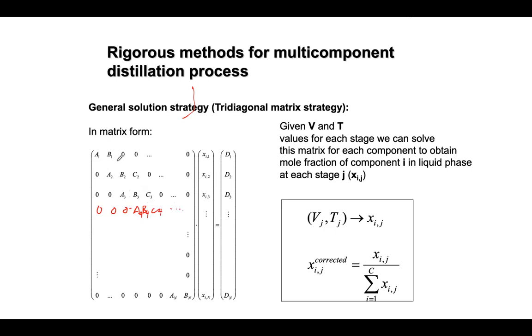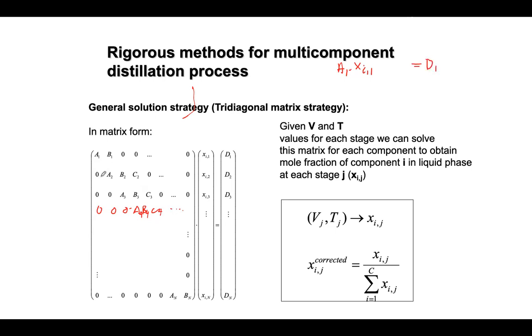So if you want to try to multiply it, you can get an equation now. A1 multiplied with xi1 plus 0 would be equal to d1.